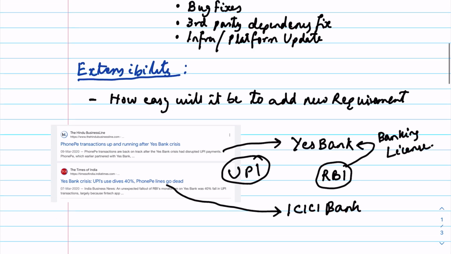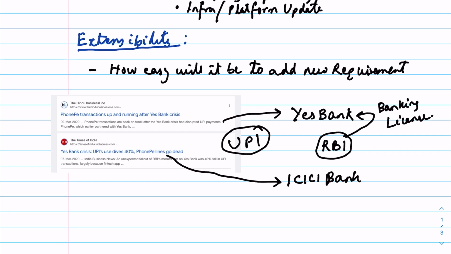How did they do that? Once this problem with Yes Bank occurred, PhonePe was able to switch its entire UPI platform to ICICI Bank within some hours. How did PhonePe manage to switch so quickly? That is because of proper low level design.